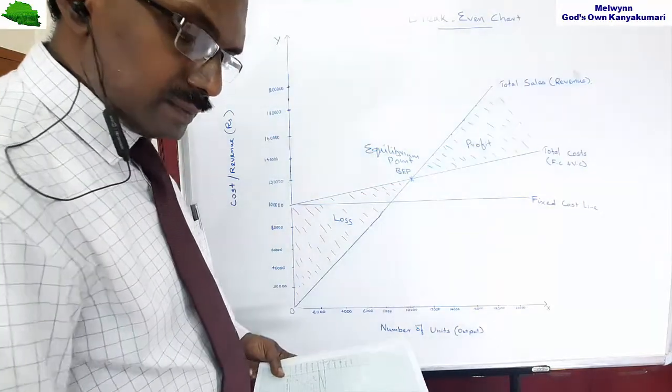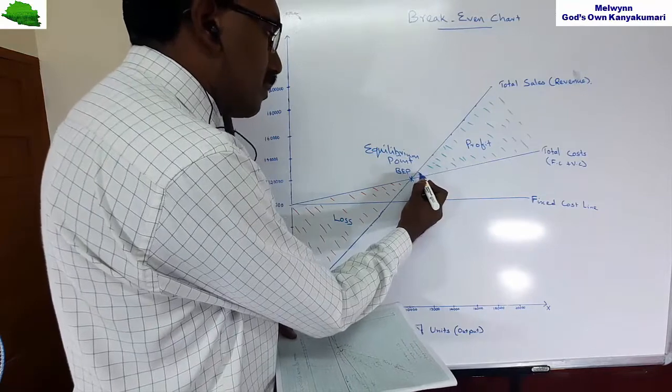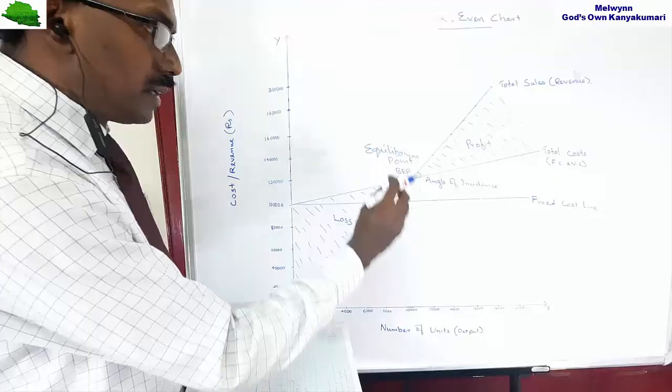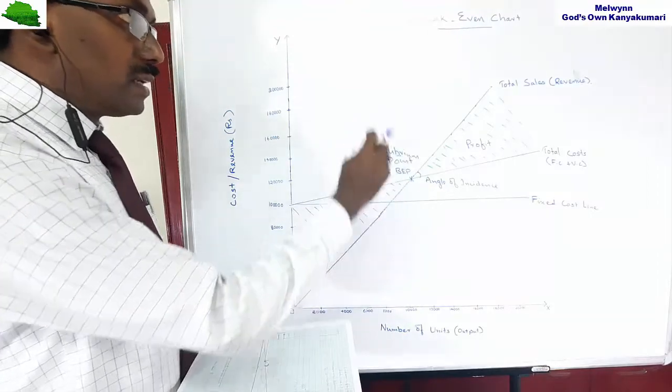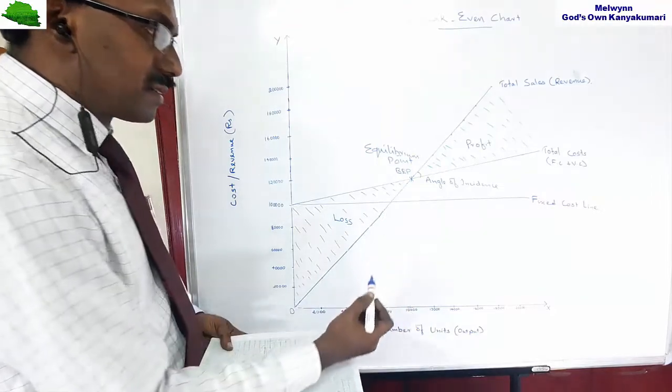Now the angle in this break-even point you can call as angle of incidence. In the given problem, break-even point in units is 10,000 units.